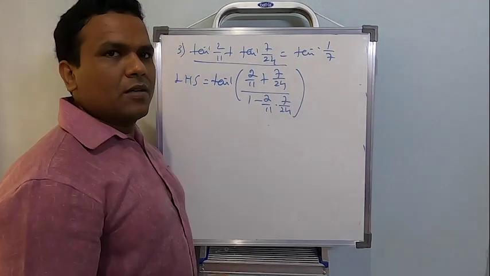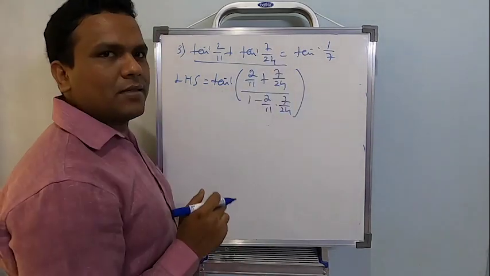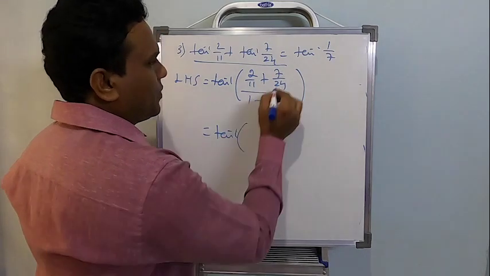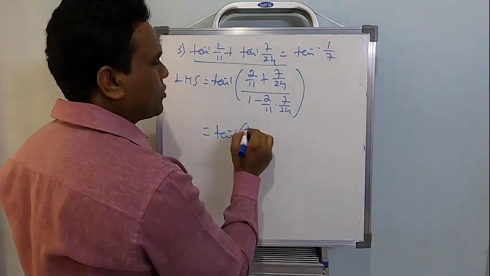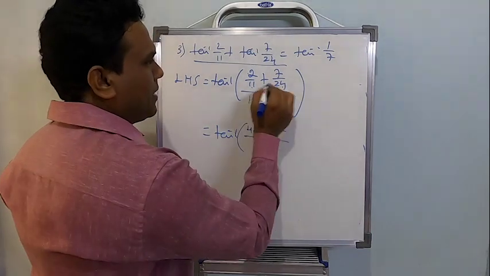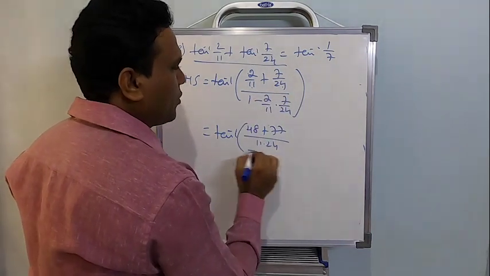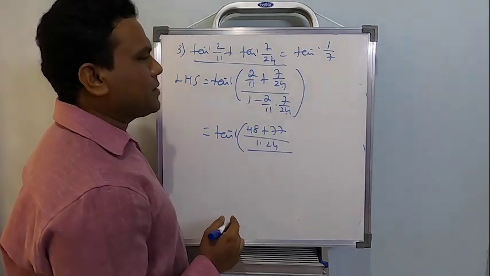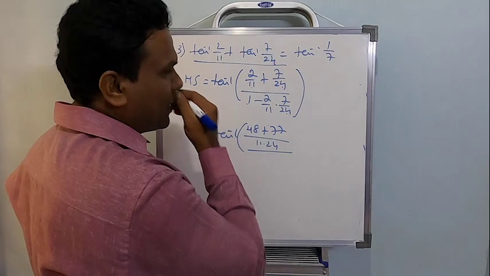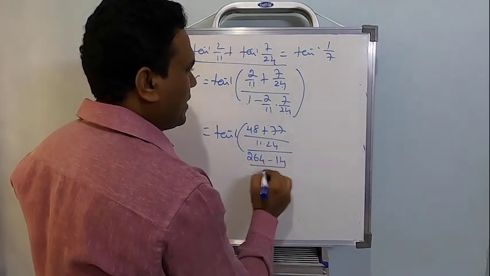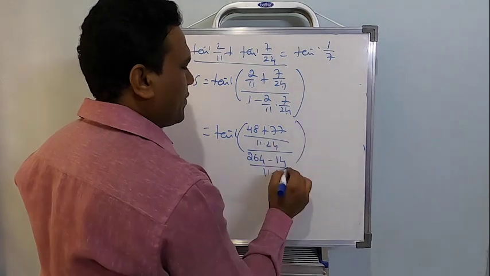I should simplify till I get the right hand side which is given to me. So tan inverse of 24 multiplied by 2, that's going to be 48 plus 77 by 11 multiplied by 24. Here 11 multiplied by 24 is 264, minus 14, by 11 multiplied by 24.